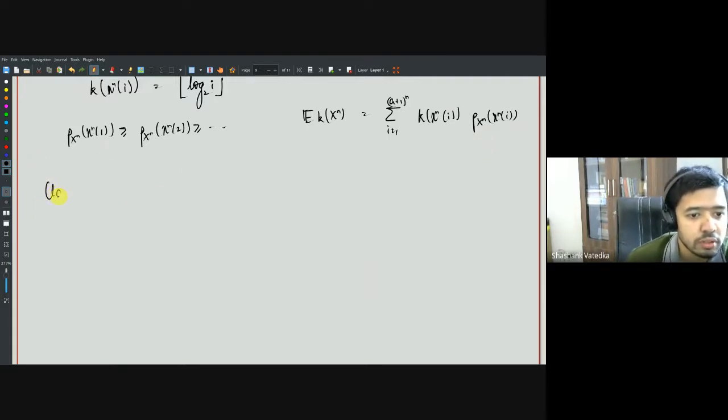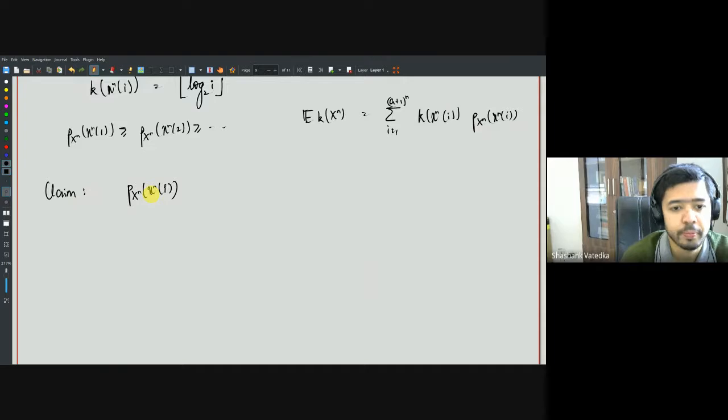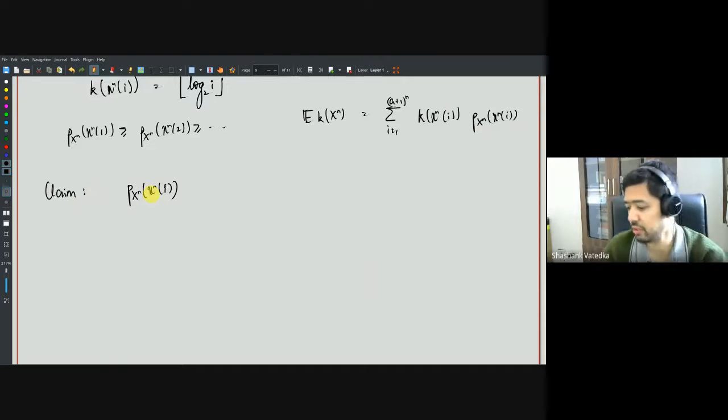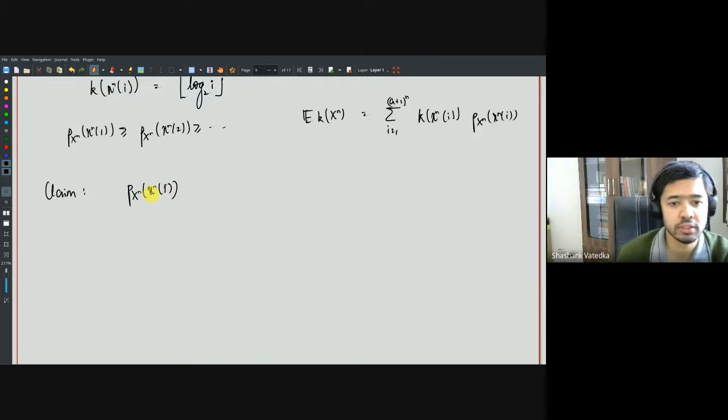So the claim is that pxn of xn of i is going to be less than or equal to 1 over i.